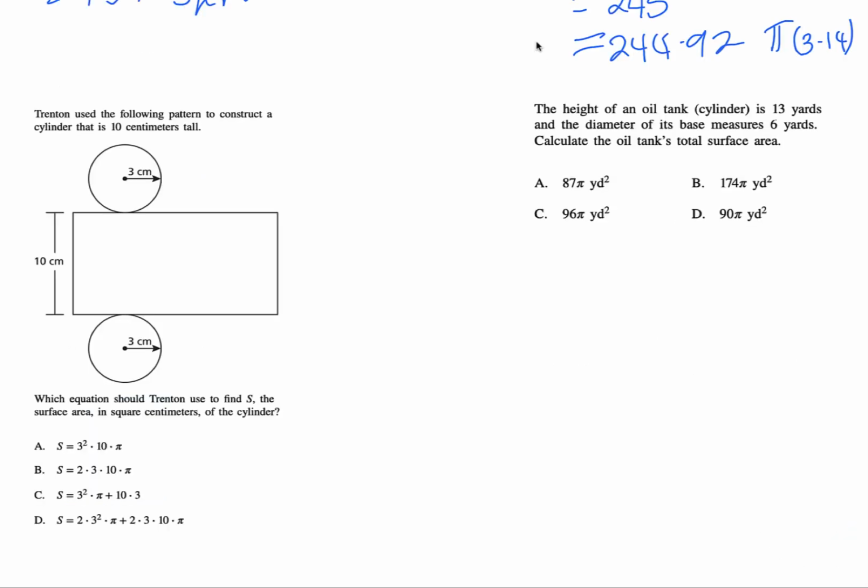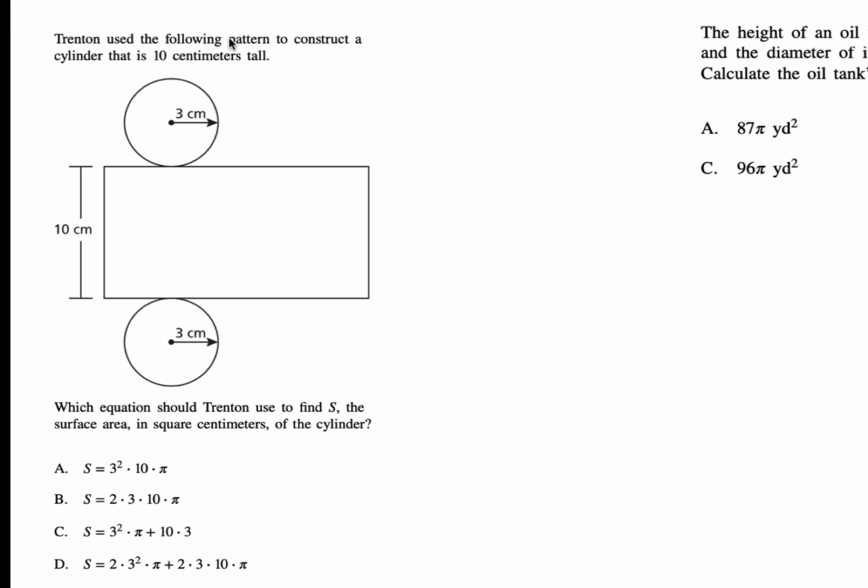So on the TASC test, sometimes they didn't want you to calculate. I don't know if that will be also the case in GED, but I threw in this problem here where it says, Trenton, use the following pattern to construct a cylinder that is 10 centimeters tall. So right here, this is the height.